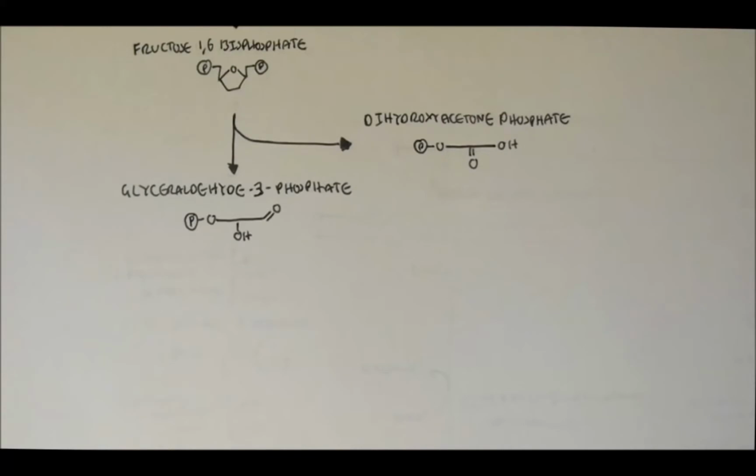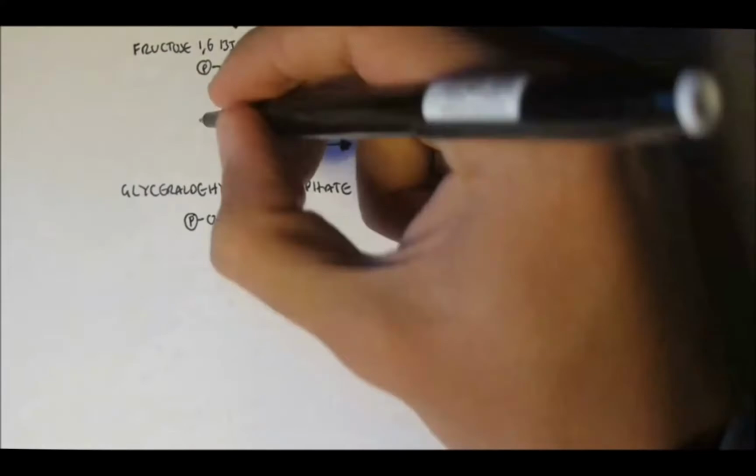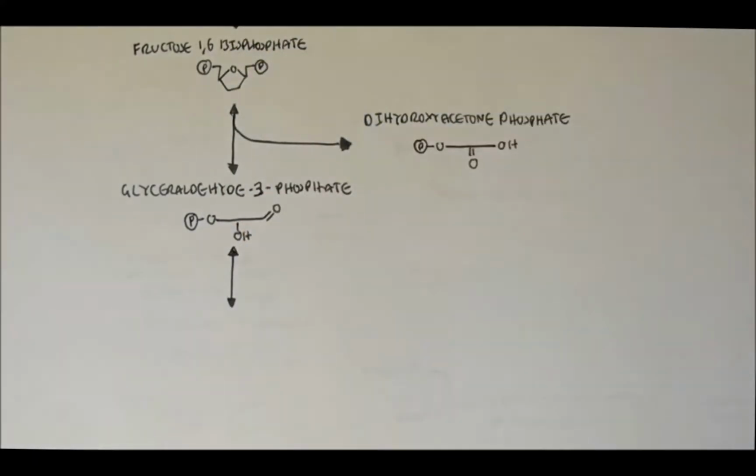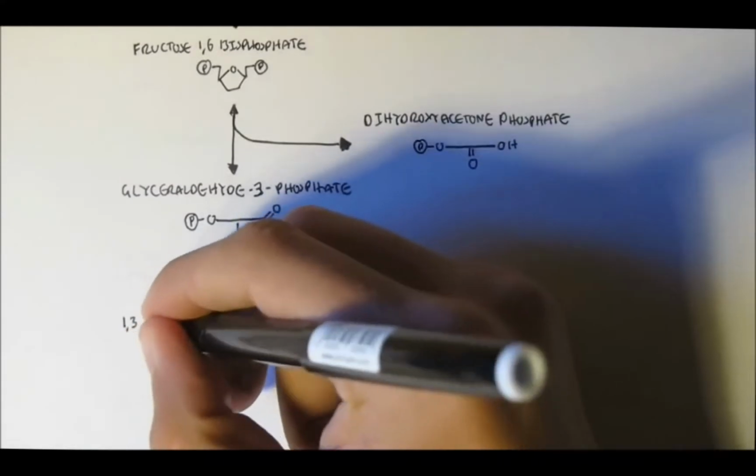Now, in glycolysis, dihydroxyacetone phosphate will typically convert to glyceraldehyde 3-phosphate to continue glycolysis. But I'll show you this later on.